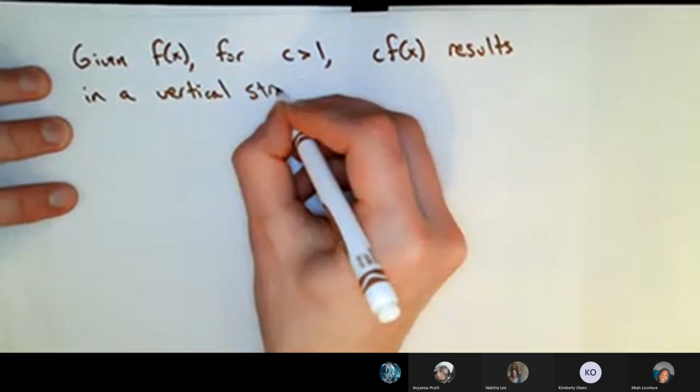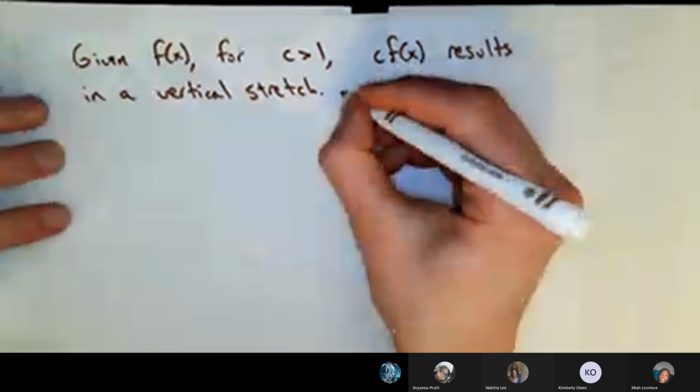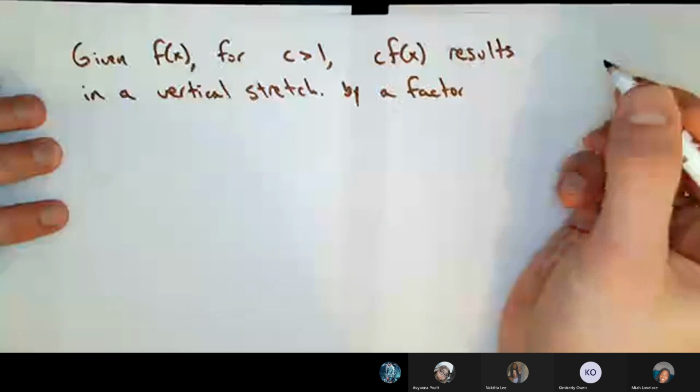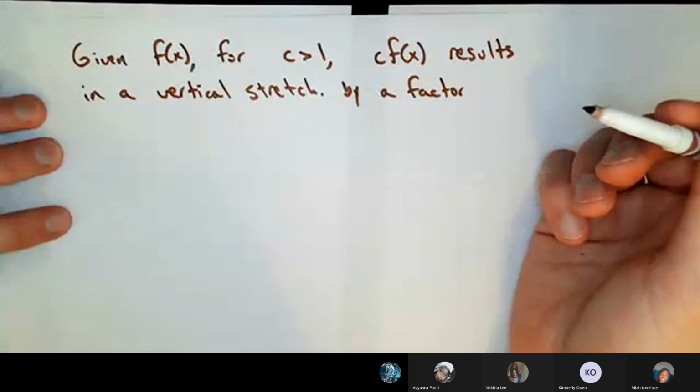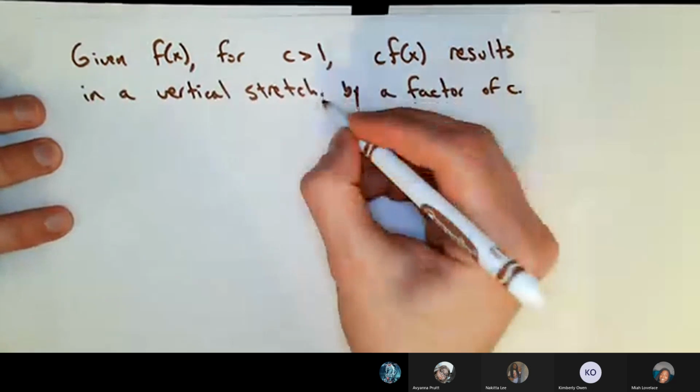This is maybe the most technical form of vertical stretch by a factor of c. So if it's 2, then it's twice as high, right? If it's 3, then it's 3 times as high, et cetera.